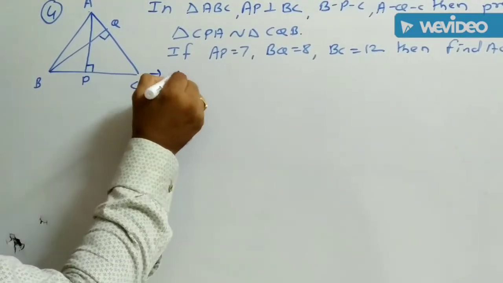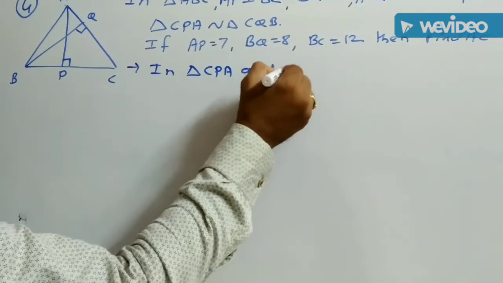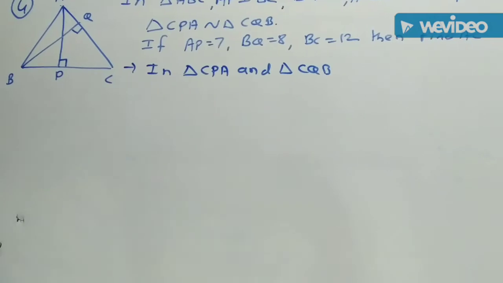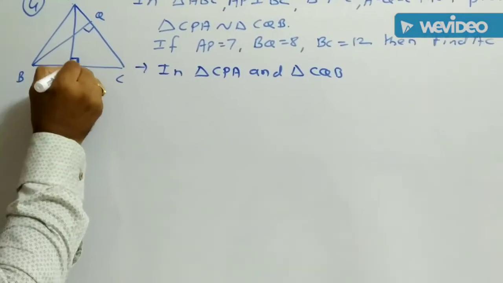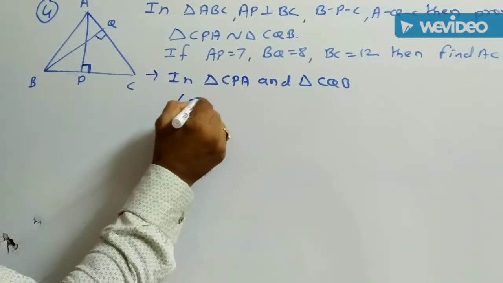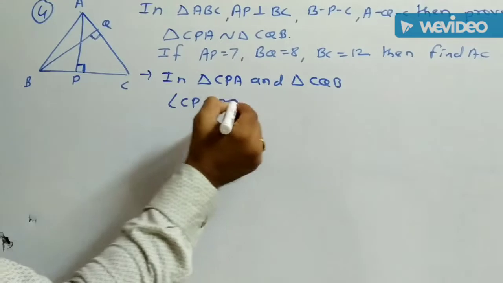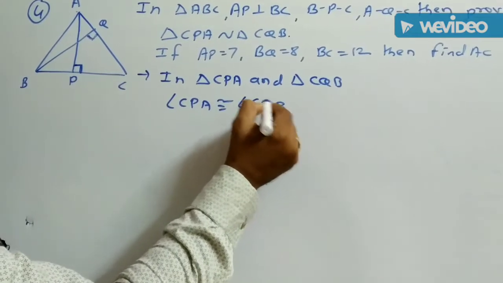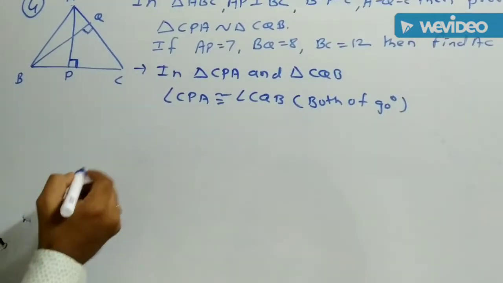For that, we take triangle CPA and triangle CQB. In both the triangles, angle CPA is of 90 degrees, and angle CQB is also 90 degrees. Therefore, both are congruent, the reason is both are 90 degrees.